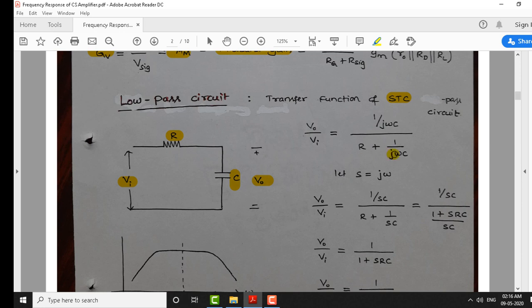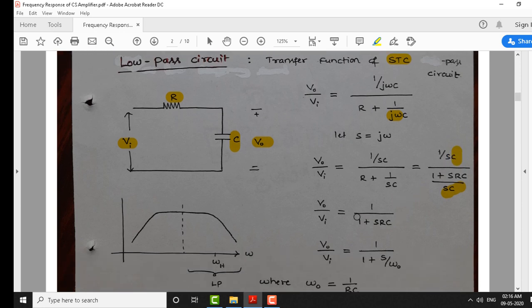Now substituting j omega as s to simplify this transfer function, V0 by Vi equals 1 by sC divided by R plus 1 by sC. Taking LCM in the denominator, we get 1 plus sRC divided by sC. Now we can cancel out these two terms in the numerator as well as the denominator.